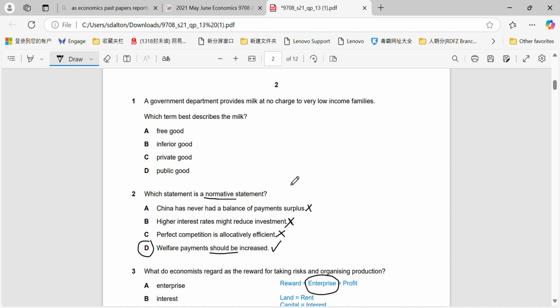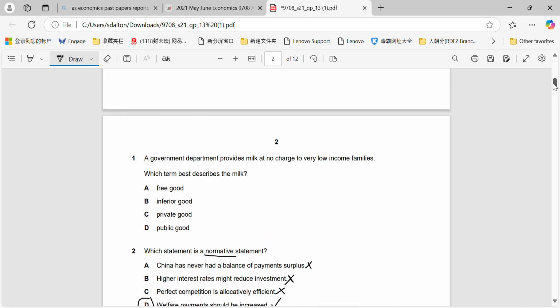Okay, government provides milk at no charge to very low income families. Now this is a very common question. They always try and trick you out, right? Remember, there's actually very few public goods, right? And in order to be a public good, it has to be non-excludable and non-rivalrous. Now milk is definitely not non-rivalrous, right?